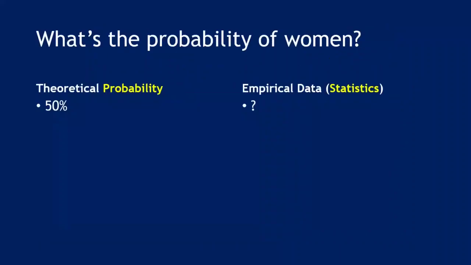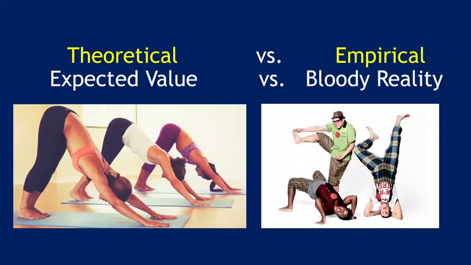So we kind of talk about this. The theoretical probability of getting a woman randomly is 50%, but the reality is in our customer base, right? How many women do we have in our class, in our analyst sample? Do we actually have 50% women, or is it less than that, more than that, right? How does that differ from the general public? The theoretical probability is what you would expect to see, and the empirical is the bloody reality, right?